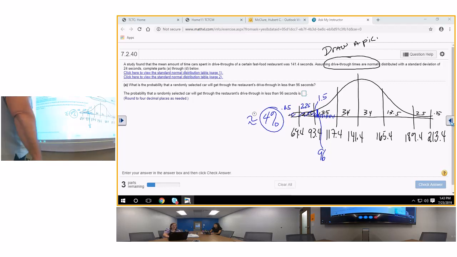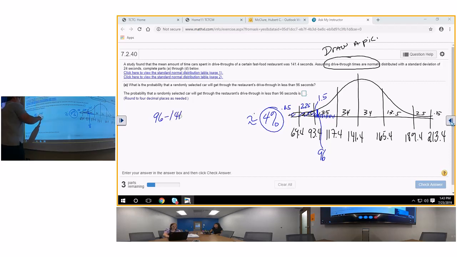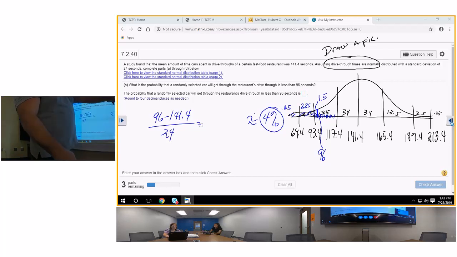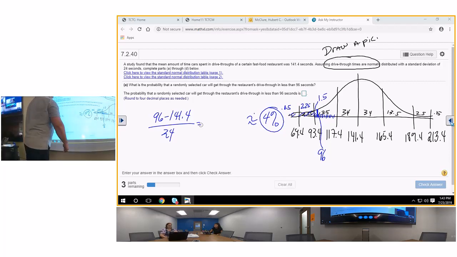So 96 minus 141.4 divided by 24. Somebody give me 2 digits. I think it's going to be negative 2.8, or 1.8, sorry. Negative 1.89.